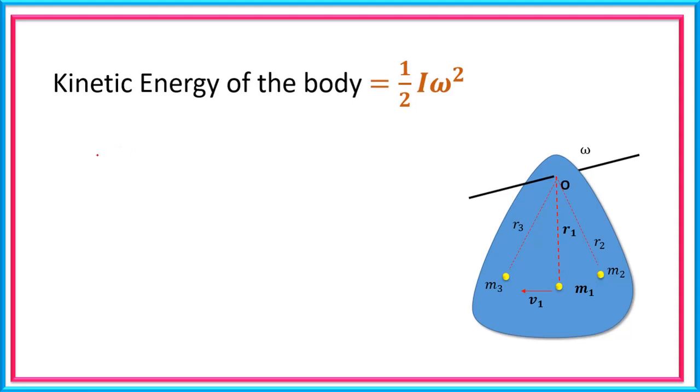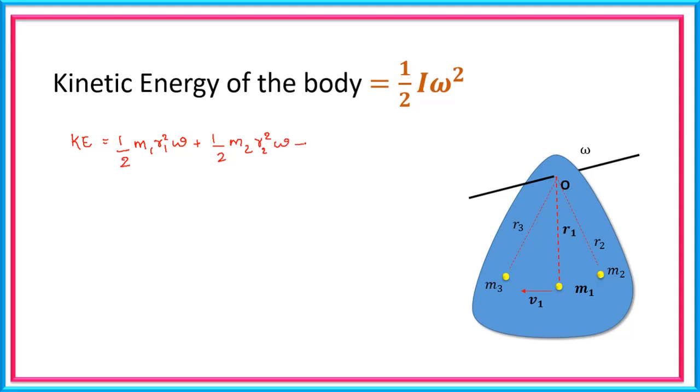The kinetic energy of the mass m1 was calculated to be half m1 r1 square omega square, plus the kinetic energy of the mass m2, which is at a distance r2, so half m2 r2 square omega square.